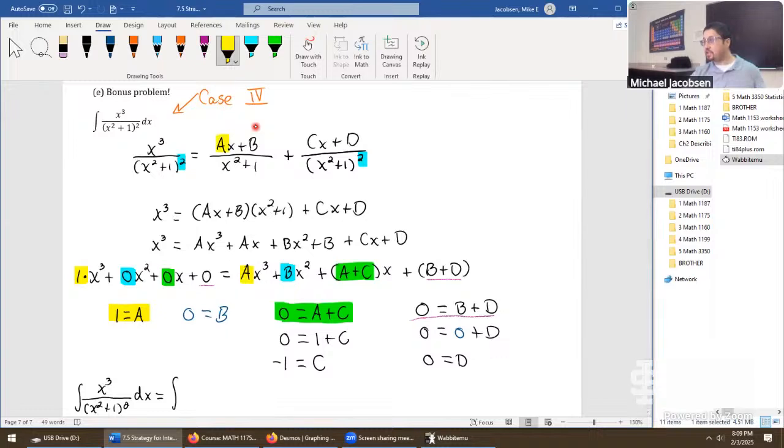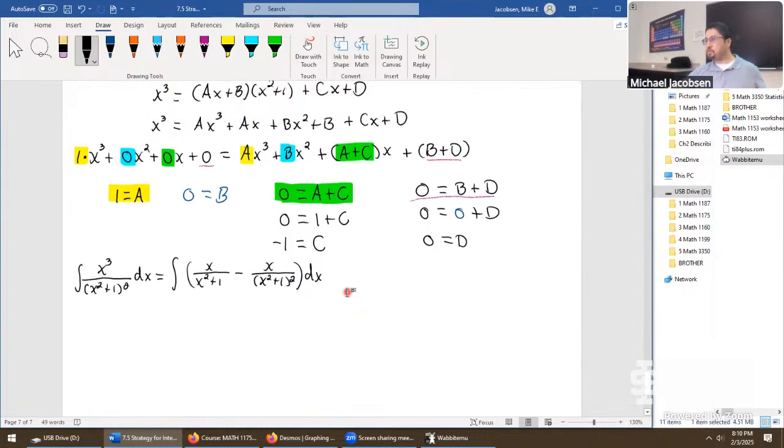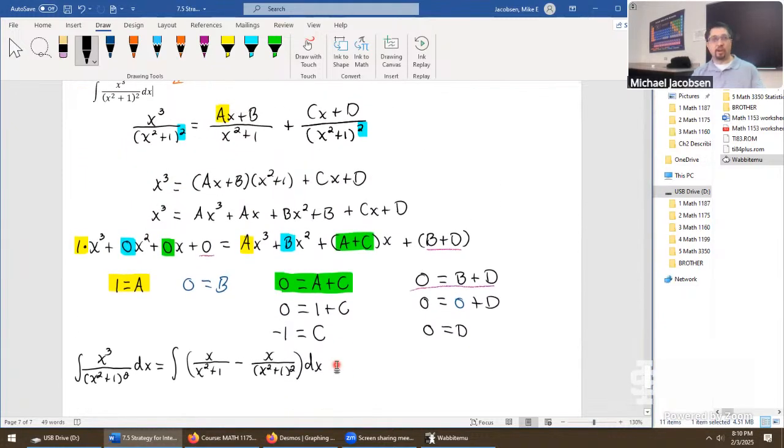So this whole thing plugging in a and b gives us just x divided by x squared plus 1. Then over here, c is a negative 1, d is 0. So this whole thing can be rewritten as negative x over x squared plus 1 squared dx. So now if we can solve this right here, we're on our way.